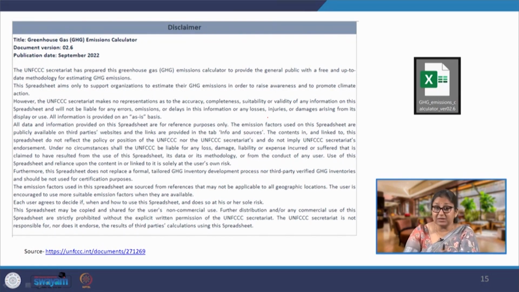Now, it comes with a disclaimer that this is going to be a generic use calculator, though it has emission factors. The values that have been used for calculating the GHG emissions are actually coming from standard resources or research papers or research resources properly published.